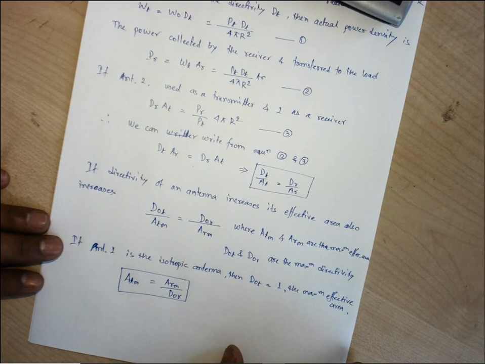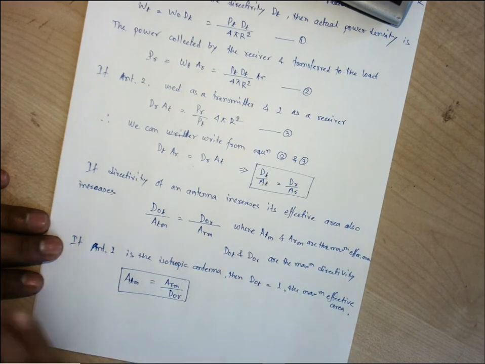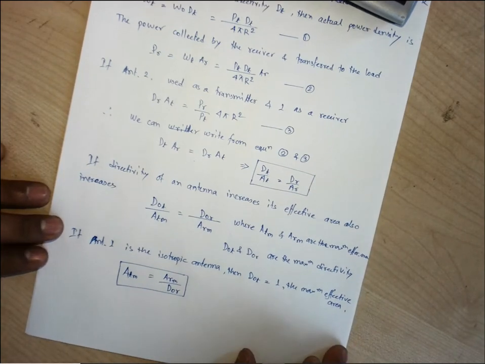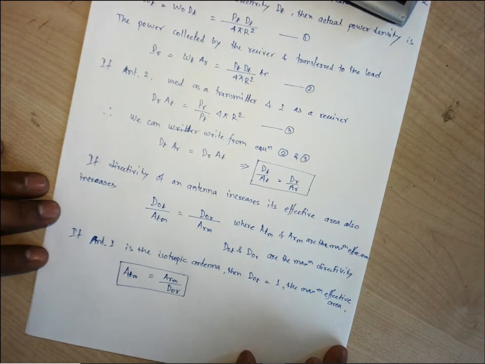If the receiver is connected, from every direction we can get the radiation, because we are working for a large distance. At that distance the antenna acting as a receiver is able to receive.